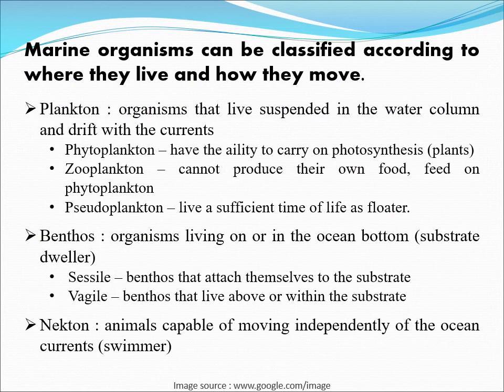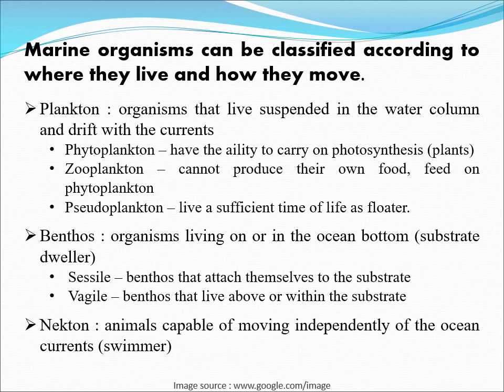Now marine organisms can again be classified according to where they live and how they move. The previous classification is whether they are inside the substrate or outside the surface. Now among these infauna and epifauna, they are again classified according to where they live and how they move.